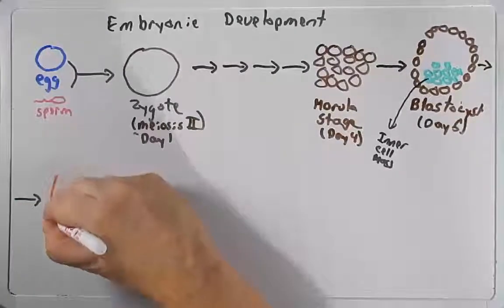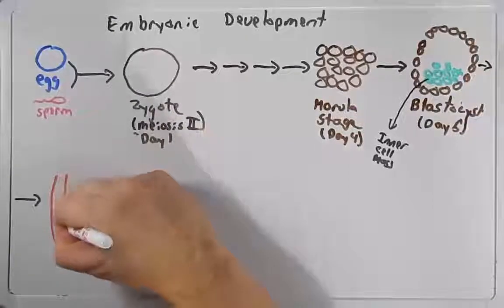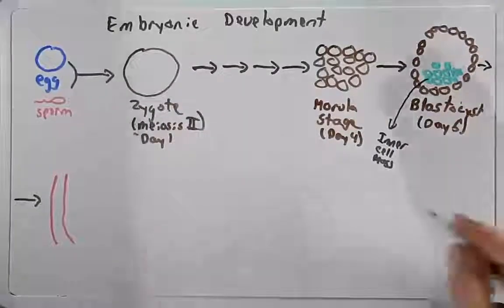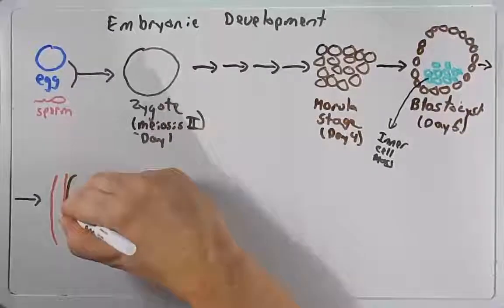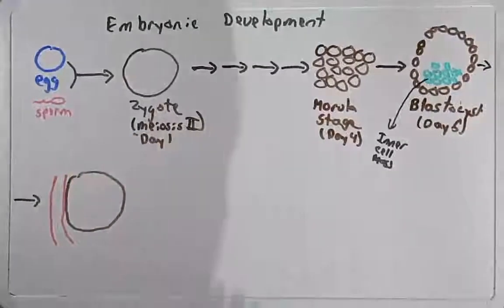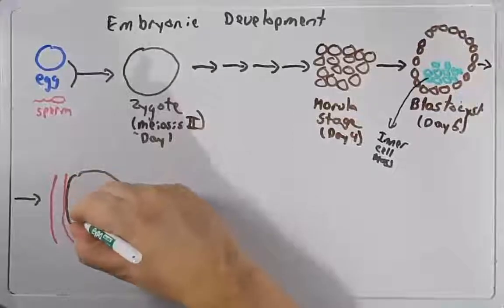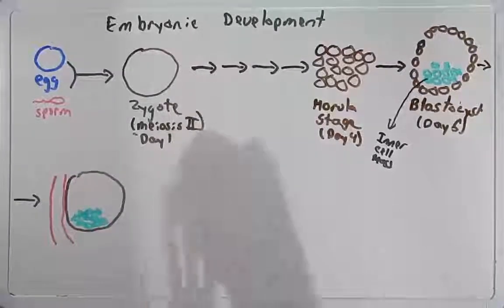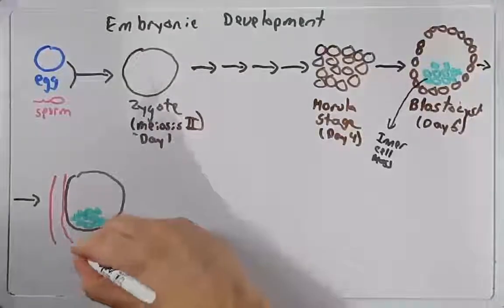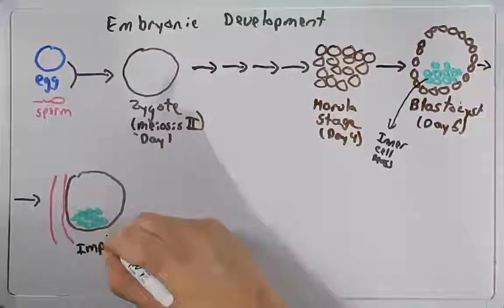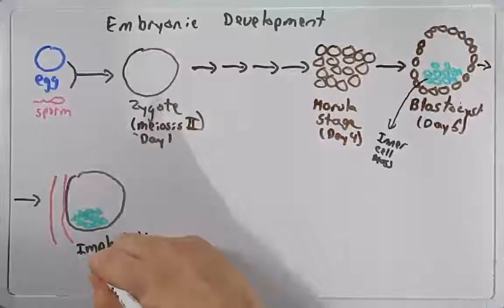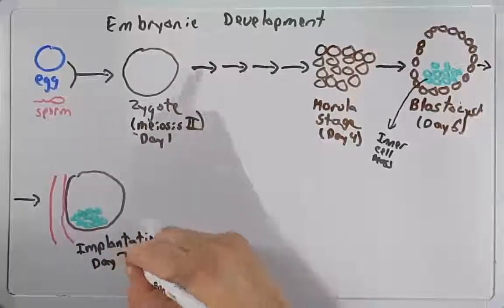And this is still at the blastocyst stage. But after the blastocyst forms, shortly after that, it will implant on the uterine wall, still with that inner cell mass shown here. So let's just write implantation. And that usually occurs around day 7 or so.